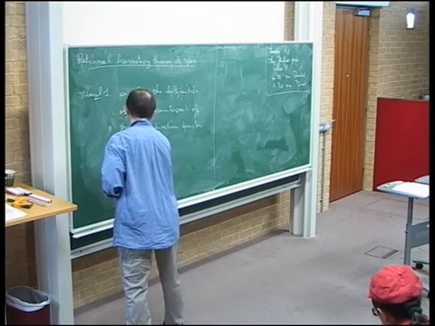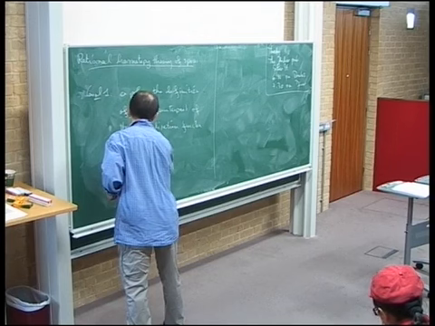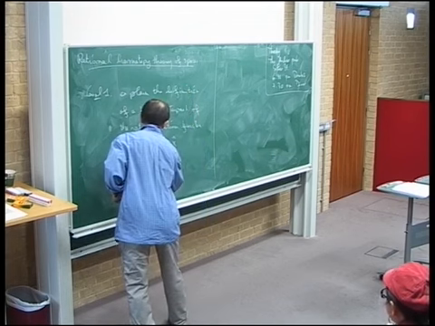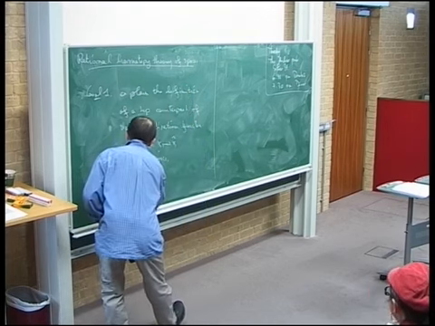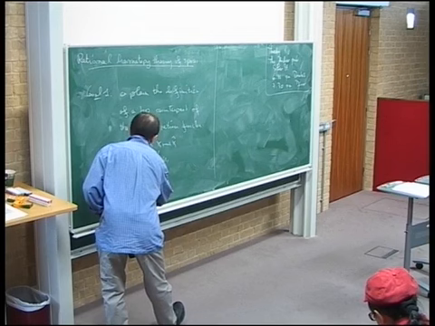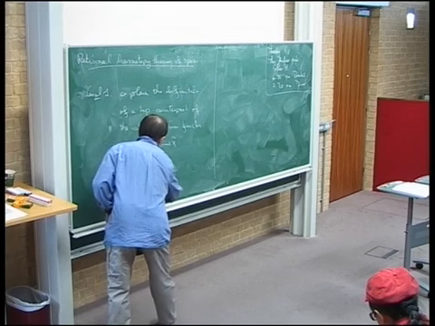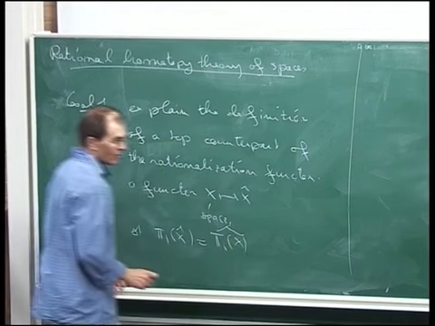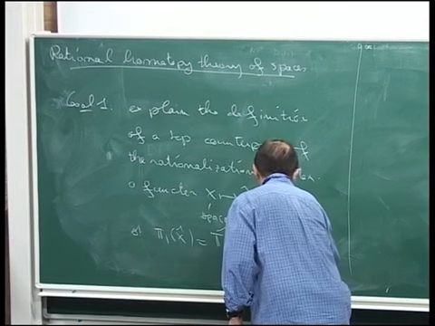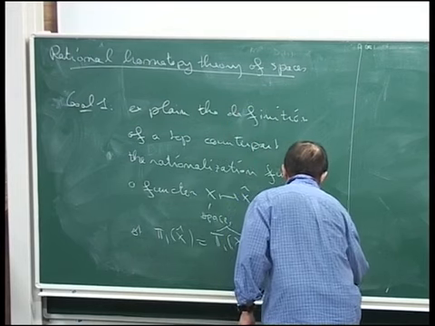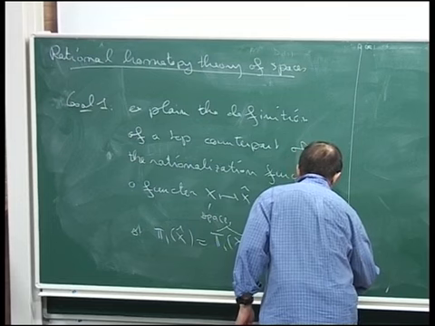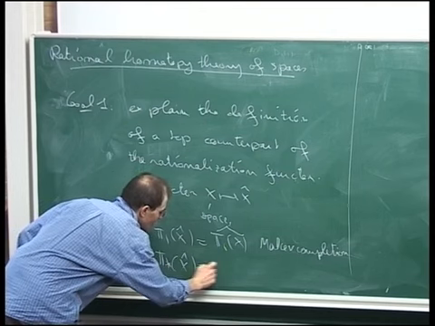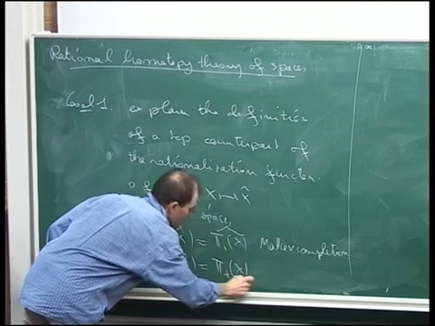So this means I would like to get a functor X maps to X hat on spaces such that the fundamental group of X hat is the Maltsev completion of the fundamental group of X. And the higher homotopy groups of X hat are just the usual rationalization of abelian groups.